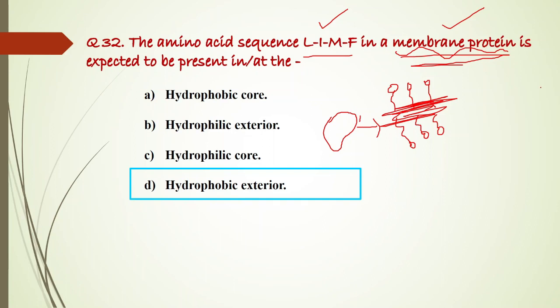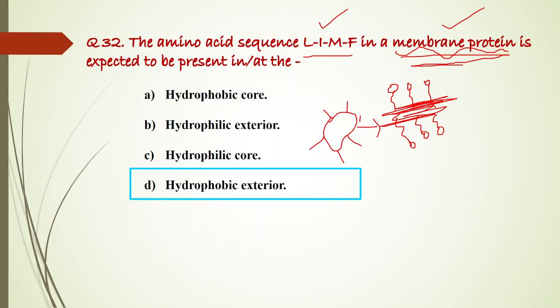It can never enter the cell. But to interact with the membrane, it needs to have the hydrophobic residues on the surface, so that this protein can go and interact with the hydrophobic region of the lipid bilayer. That is the only difference.